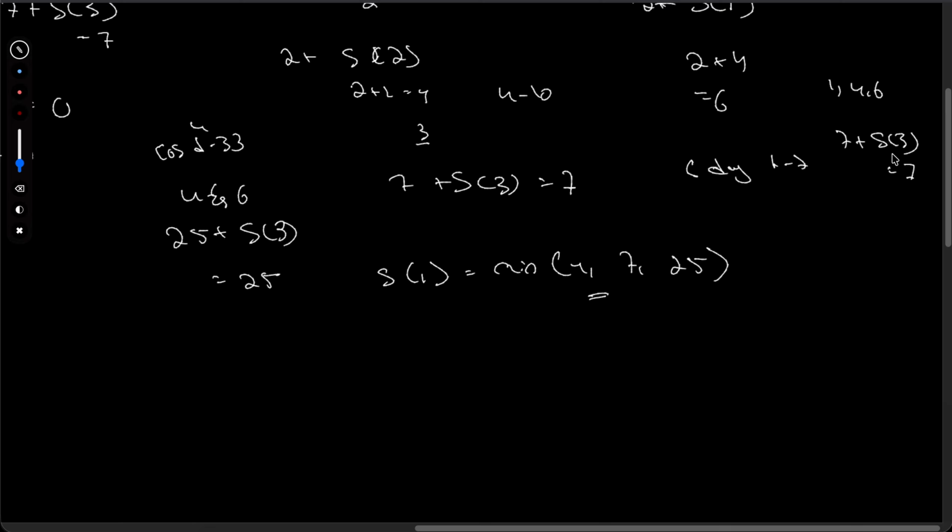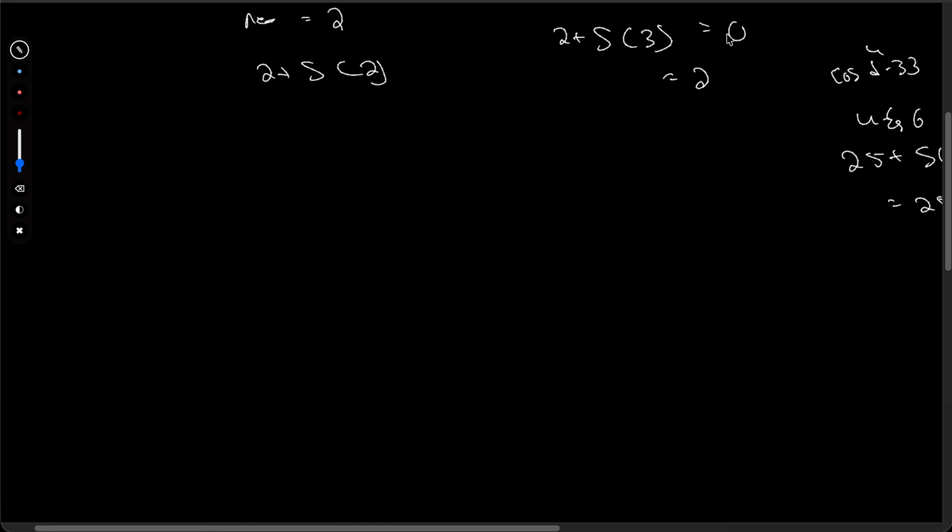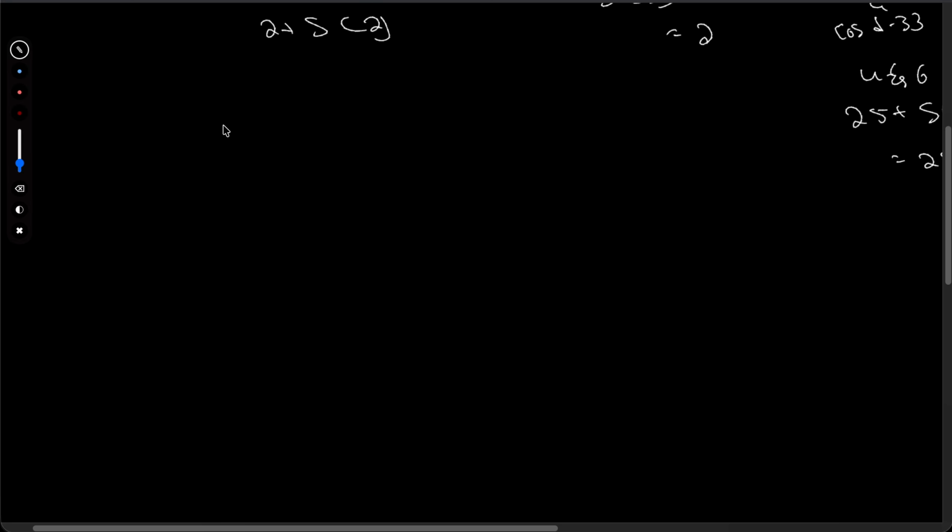Option 3, at day 1, 30 days, so we cover 1, 4, 6, so next index is 3, so 25 plus solve of 3, so it was 25. So that is solve of 0. Option 1 is 6, option 2 is 7, and option 3 is 25, so the minimum is 6. So the final answer is 6.